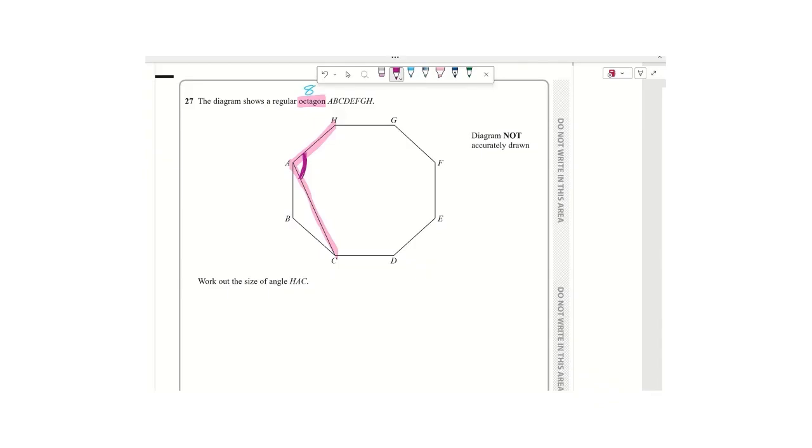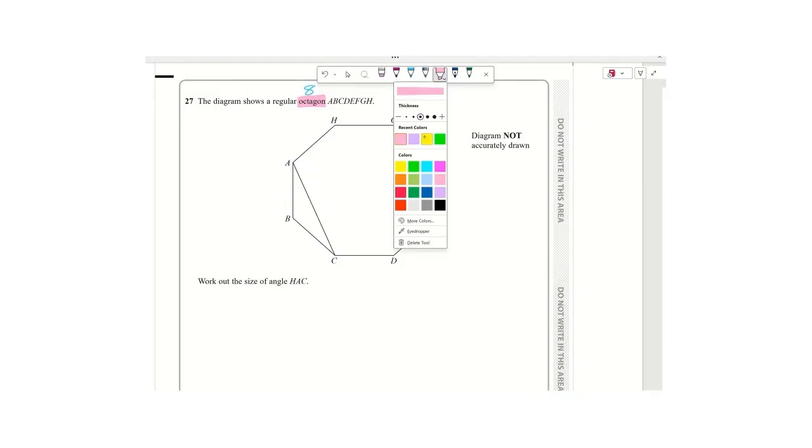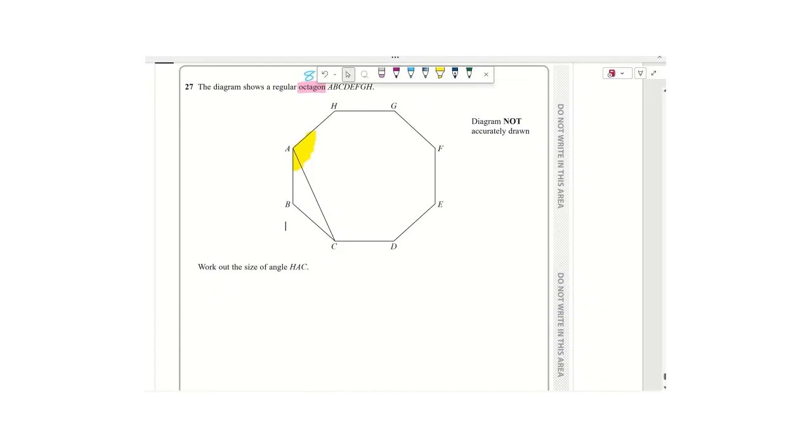Now we're going to have to do this in 2 stages. First thing we're going to need to find out is what this whole angle is here. So the inside angle of the octagon, what's that whole big angle? And we have a formula to work out angles inside a regular polygon like this.